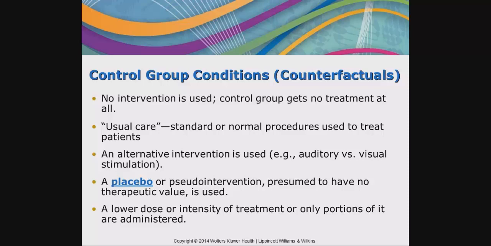Because you see that one about the lower dose or intensity of treatment, or only portions of it are administered. And delayed times of treatment or intervention are considered okay. But if you were doing clinical trials for a chemotherapy agent, and we all know chemotherapy is administered based on cellular replication, so delayed treatment could have a negative impact, and ethically those are things you have to account for and control for in your control group, because you don't want them to suffer because of that.